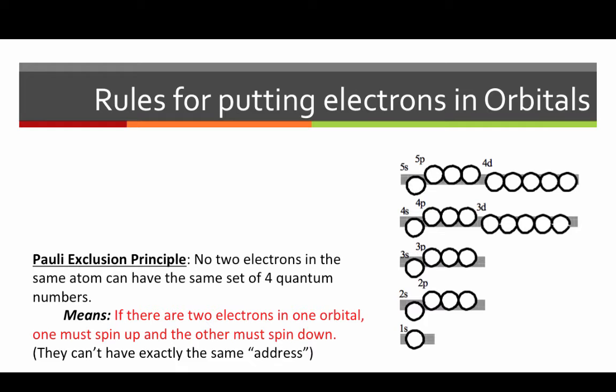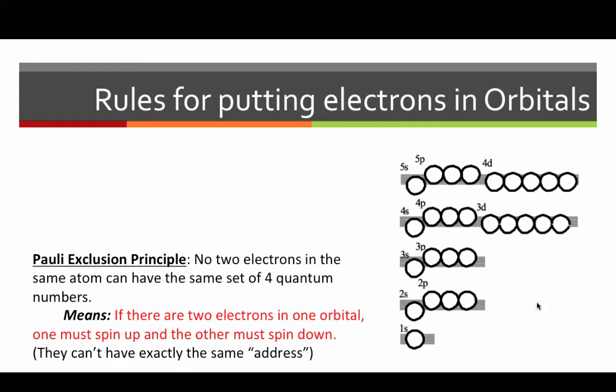That says that no two electrons in the same atom can have the same set of 4 quantum numbers. It's really confusing. So what we can say is that if I have to put 2 electrons in an orbital, in one of these tiny little circles over here that I'm using to represent where the electrons go, they have to have a spin up and a spin down.